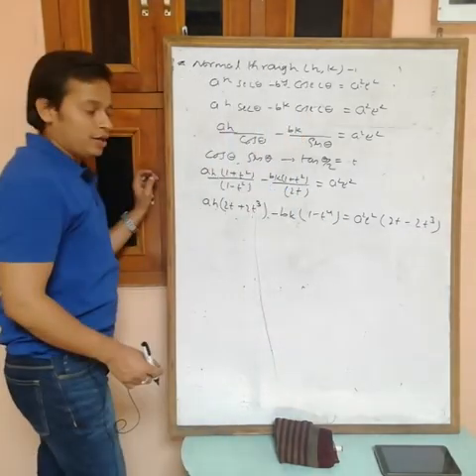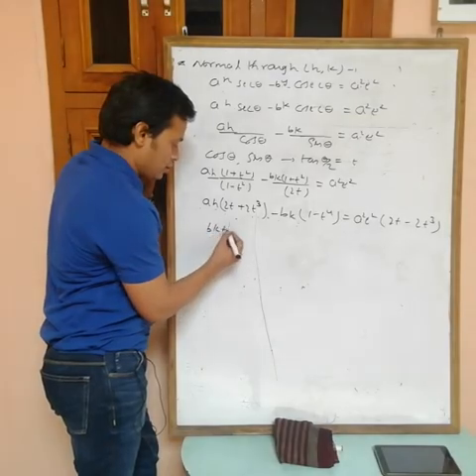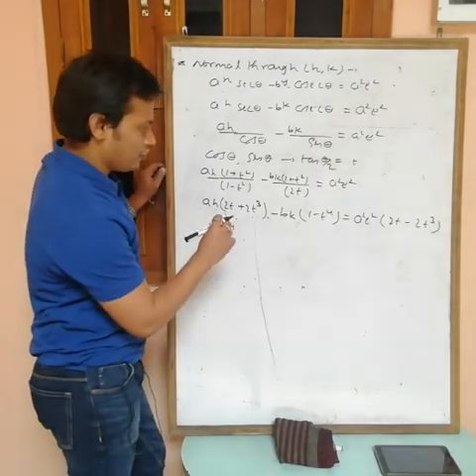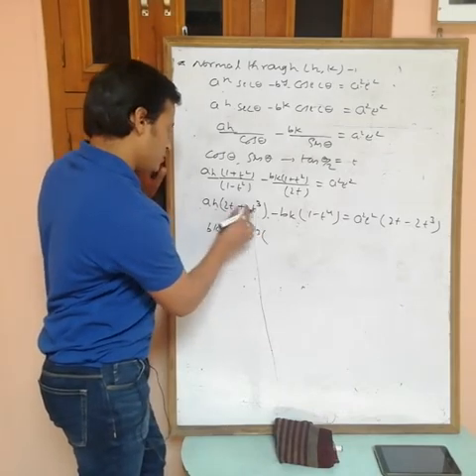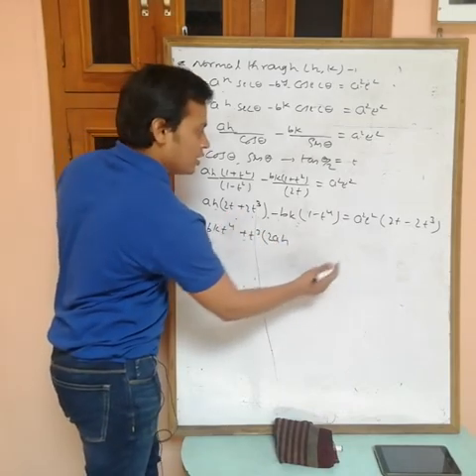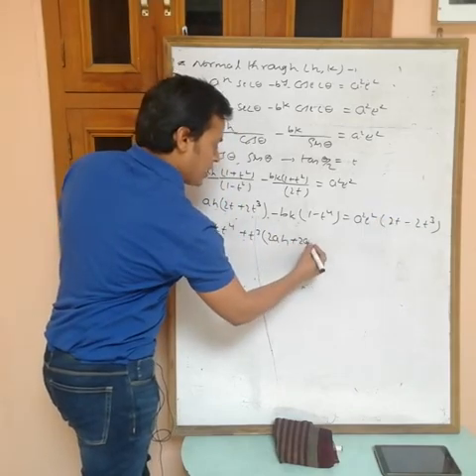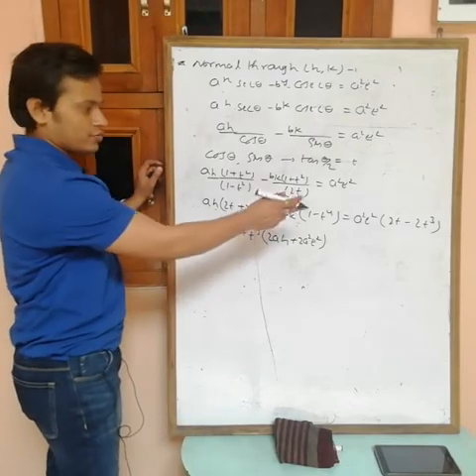Now write the term minus bk t power 4. After that, terms of t cube: from this one 2ah, and from this one plus 2a square e square. Now terms of t square, there are no terms of t square.